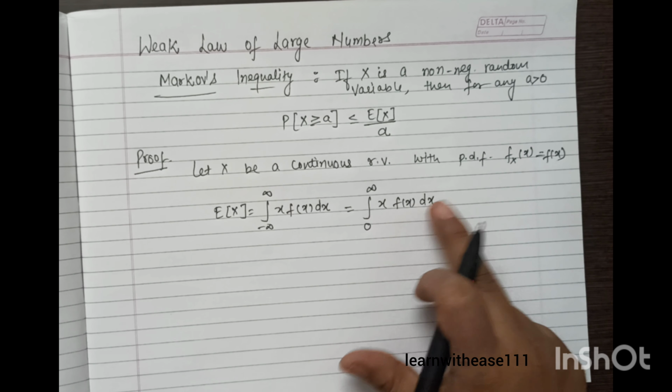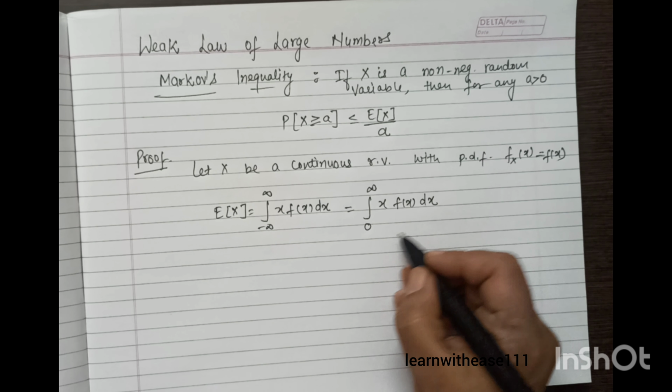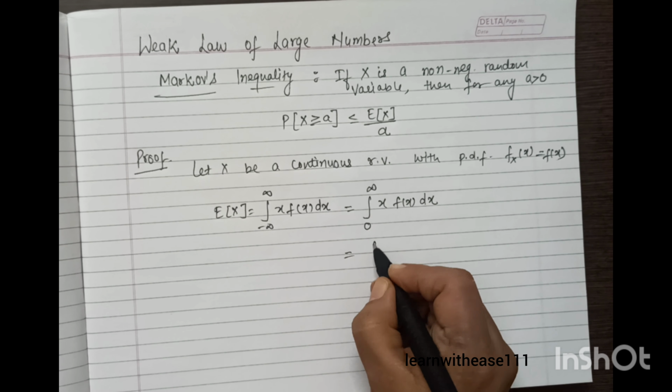And for simplicity we are writing simple f x. So this is breakable as, suppose a is the breaking point, because we need to find the probability at the breaking point of a. So we will be breaking the integral into 0 to a plus a to infinity, the same integral.